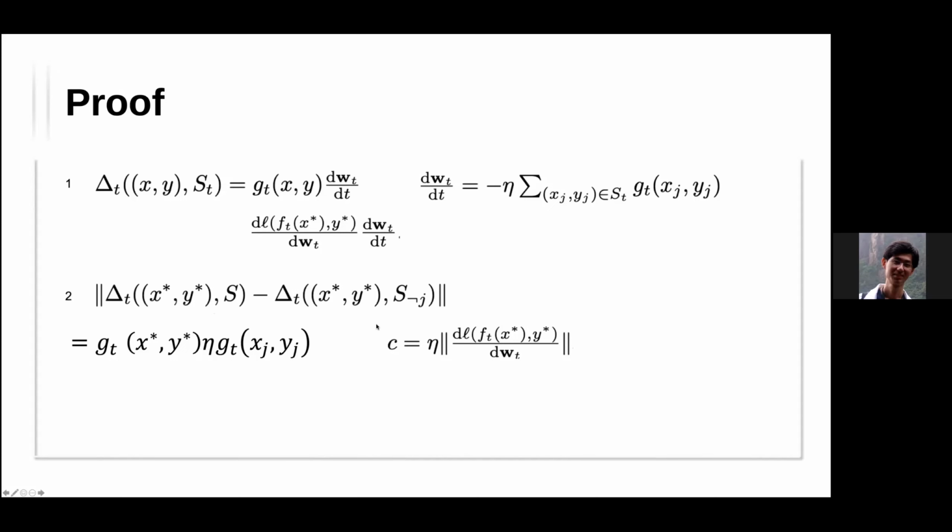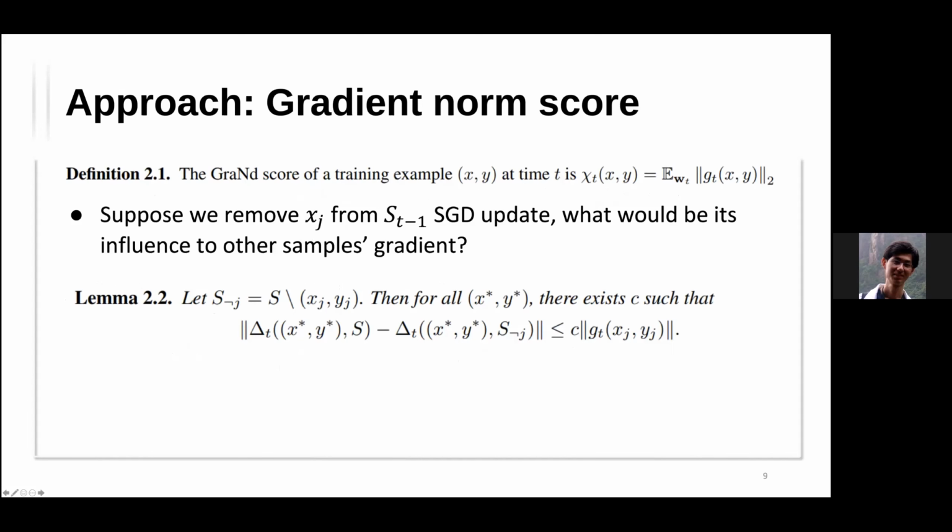Okay, keep going. Yeah, and then we write eta times the gradient of (x star, y star) as a constant c. So the influence of removing x_j on other samples' gradients is upper bounded by the gradient of x_j itself.